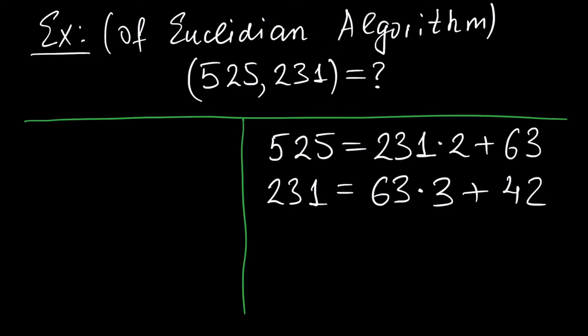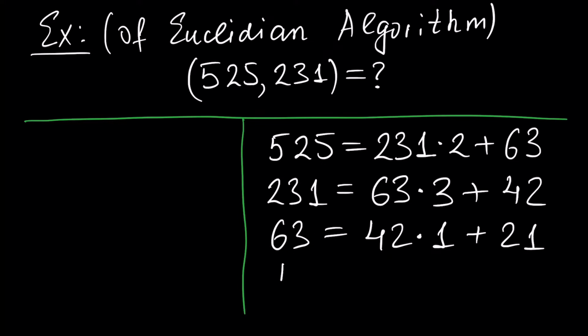Continuing our algorithm, we will have that 63 is 42 one time plus remainder 21, and at last 42 is our remainder 21 times 2.